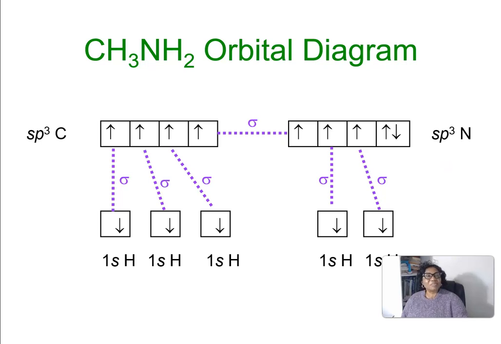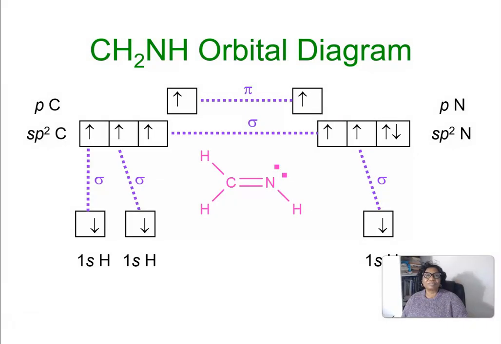Let's take another example where you have hybridized and unhybridized orbitals. So the CH2N2 orbital diagram. This is carbon. Carbon has sp2 hybridized orbitals, then has one orbital which is not hybridized. Nitrogen too has sp2 orbitals which are hybridized.